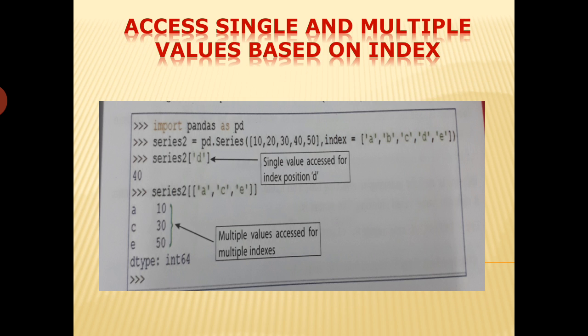Now this is the code to access single or multiple values based on index. First we have to import pandas as pd. The statement series2 equals pd.Series([10, 20, 30, 40, 50], index=['A','B','C','D','E']) creates a series with index A B C D E. The statement series2['D'] will access a single value for index position D, that is 40.